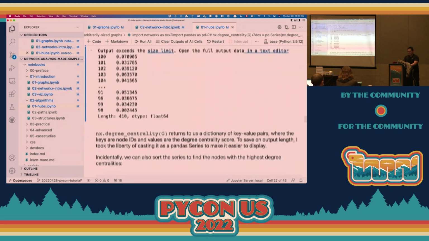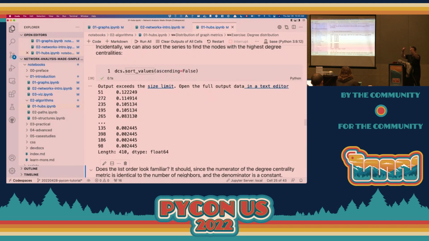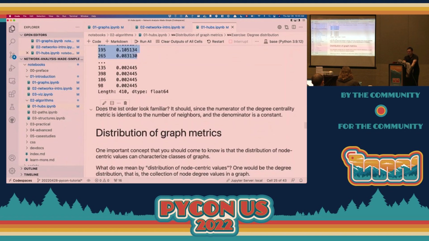So that is one thing that you can do here. Again, if we sort the degree centralities pandas series in descending order, we should get the exact same order of nodes, 51, 272, 235, 195, et cetera, et cetera.